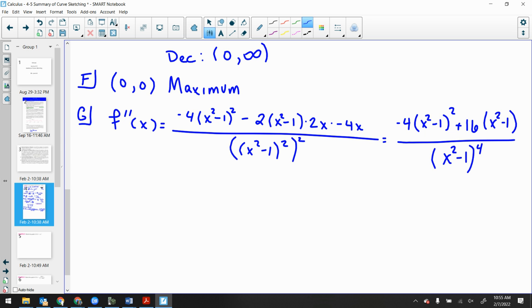I shouldn't have dilly-dallied. Now, what do you notice about every single term of this? What does it include? The x squared minus 1. So what I'm going to do is say, so long, farewell, reduce you. Each term had an x squared minus 1 in it, right? So I'm just going to reduce it by a factor of x squared minus 1. So this is a negative 4 times x squared minus 1 plus 16 over x squared minus 1 to the third.